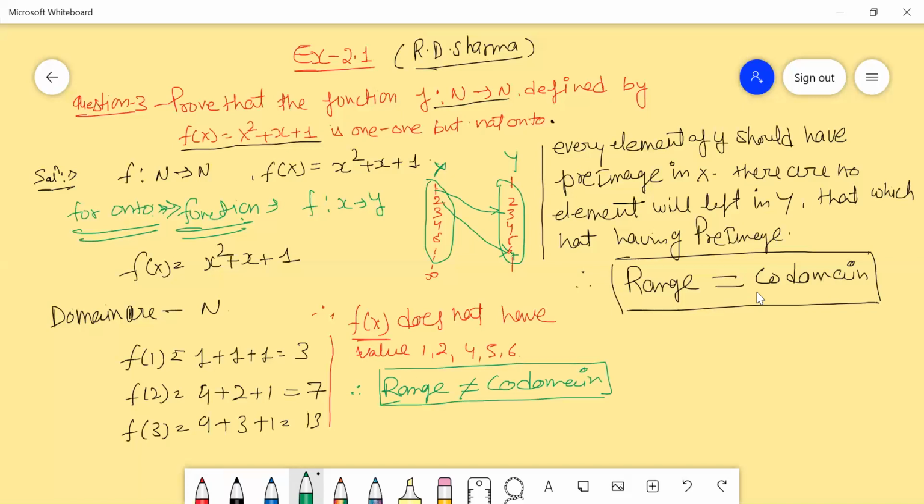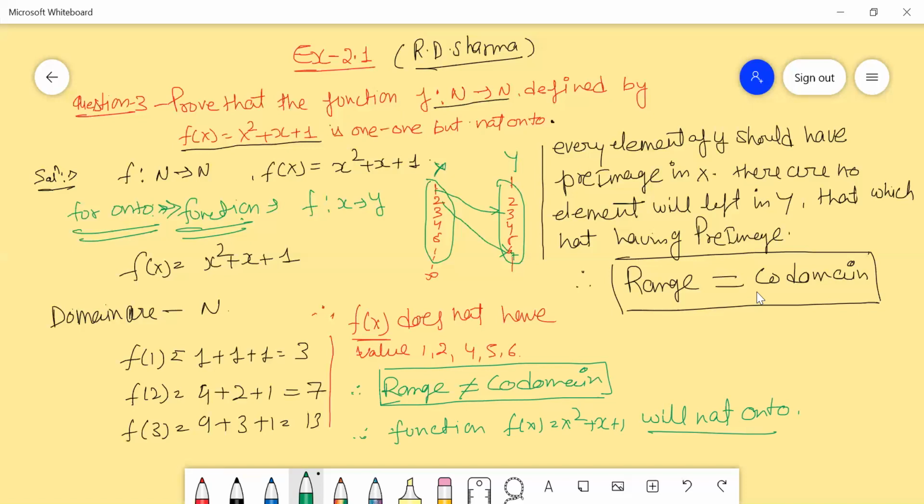So our function f(x) is equal to x squared plus x plus 1 will not be onto, okay.